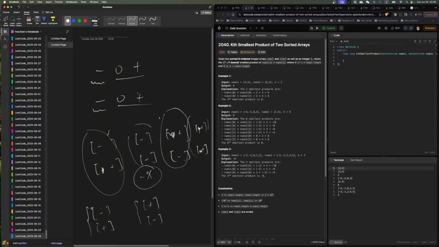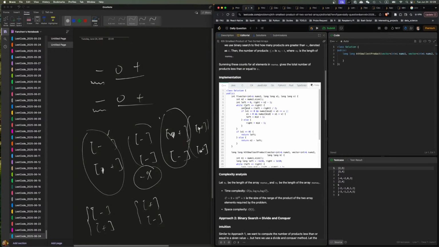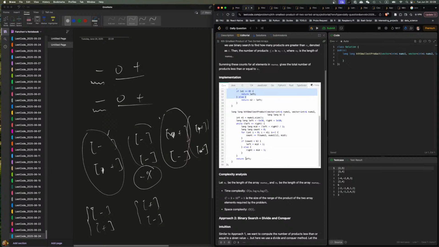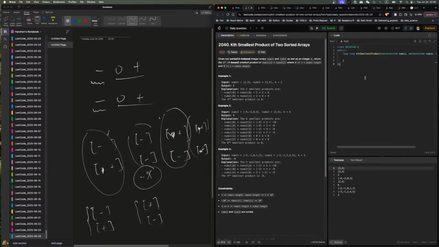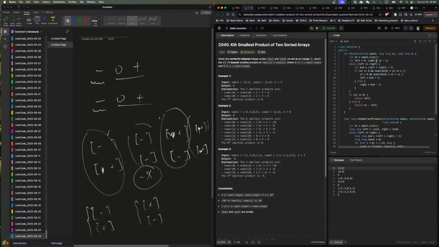Yep, I think we can do it, but I'm not going to do it today. I'm going to just copy and paste, but we'll do it some other day. Not because we don't know how to do it, but mostly because I don't have any energy to do it today.